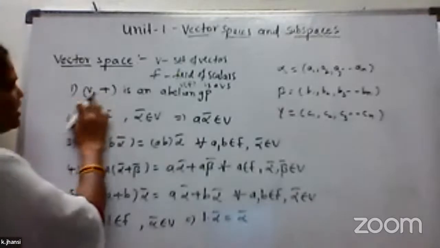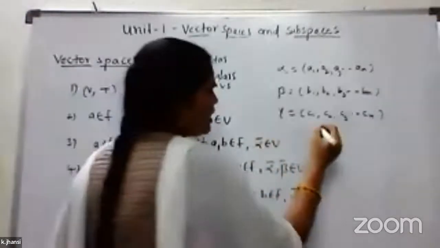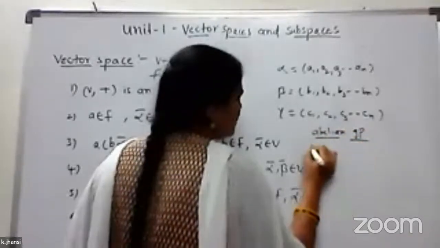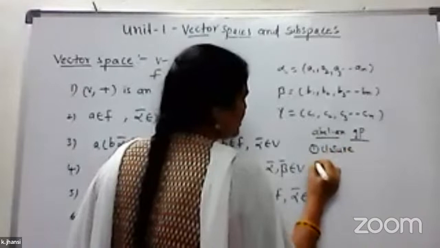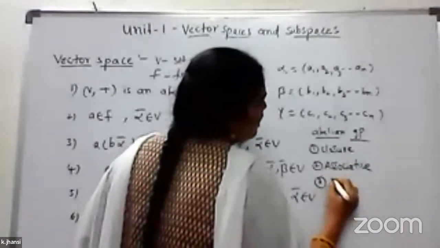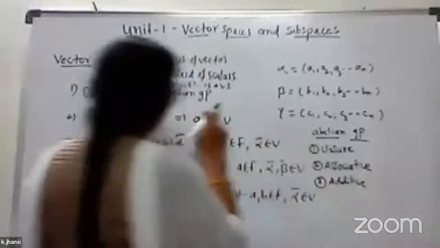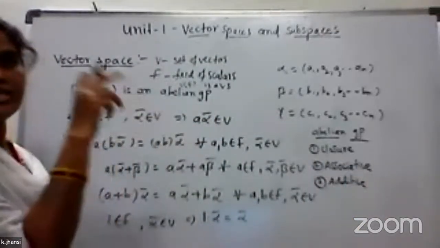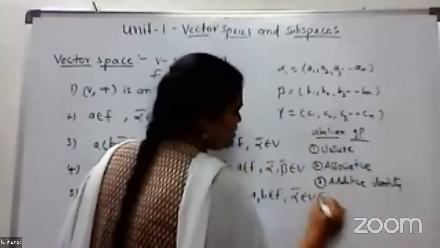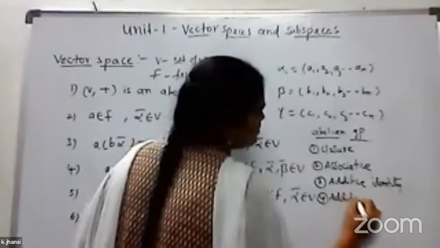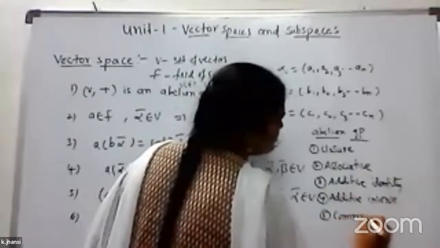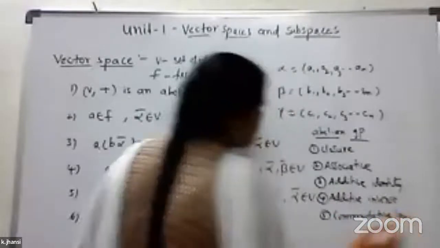Whenever V comma plus is an abelian group, as I have told already, the conditions are: the first is the closure property; the second is the associative property; the third is the additive identity, since we are doing it with respect to addition, the binary operation here is plus; the fourth is the additive inverse; and the fifth is the commutative law, or commutative property, or commutative axiom.